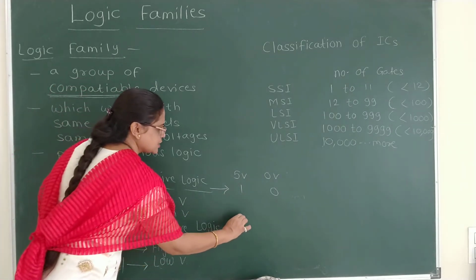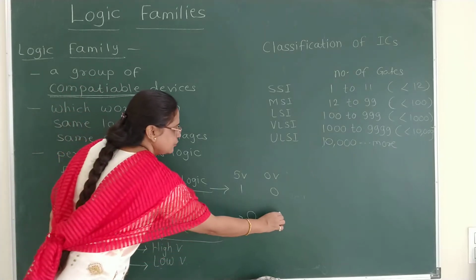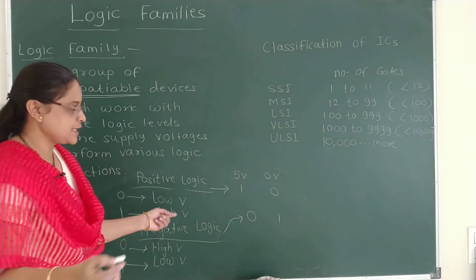In negative logic, 0 shows 5 volt and 1 shows 0 volt, exactly opposite.